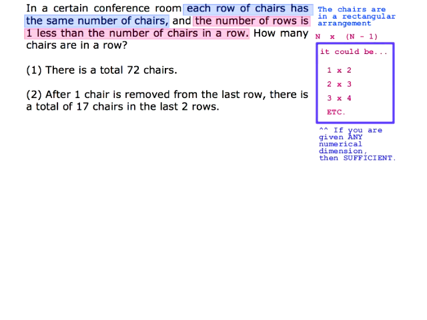So, I mean, 72 chairs happens to be 8 by 9, but the point is you don't even have to bother. Let's say instead of 72 chairs, I gave you about 45,582 chairs.